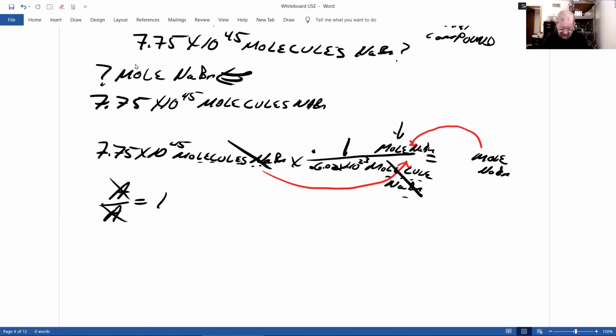Now put in 7.75, second key, double E, 45 divided by 6.02, blue double key, or whatever color it is, 23, hit enter. Whoa! And my calculator gives me the following number.